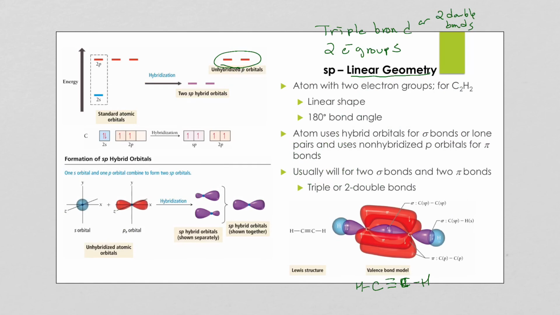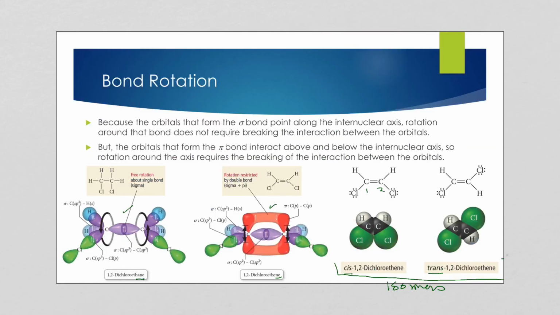So let's just, for example, I'm going to quickly go back here. So if I were having you do, let's say, this molecule here, and I wanted you to tell me how many sigma, how many pi bonds are in this 1,2-dichloroethane. Now, if I'm talking about the entire molecule, of course, we need to count all of them, right?